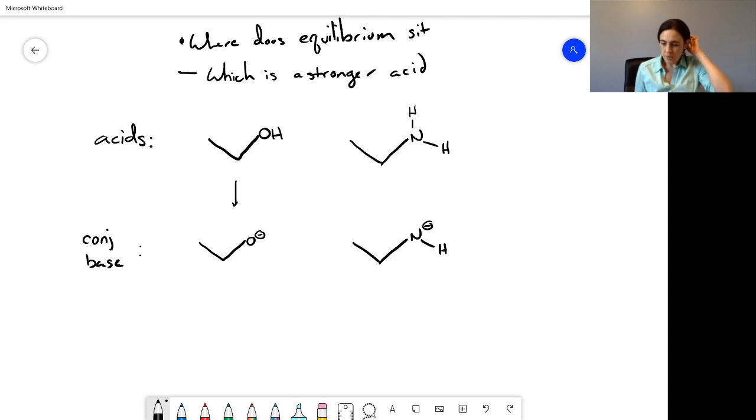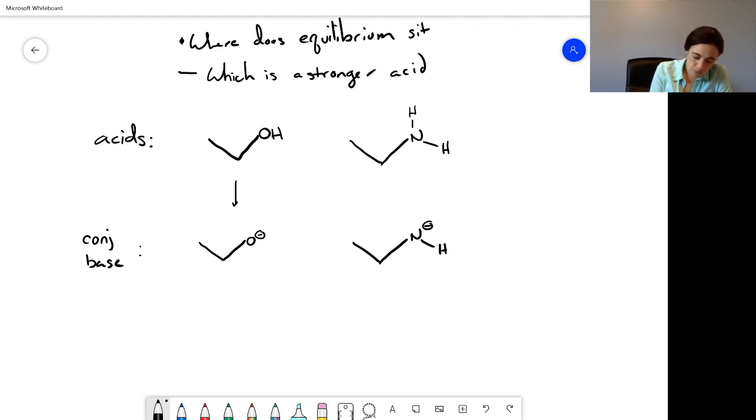Okay, so now we ask the question, which one of these is happier with the charge? Which one of these molecules is more okay with having a negative charge? And to answer that, we're going to look at electronegativities.